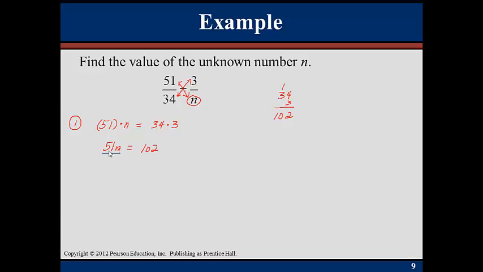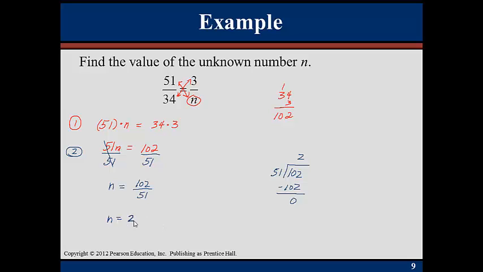Whatever number is in front of your n, you will divide by it. So divide by 51, divide by 51. These will cancel, leaving you with just n. So now you have n is equal to 102 over 51. And of course, you can divide 102 by 51, and you should end up with 2.